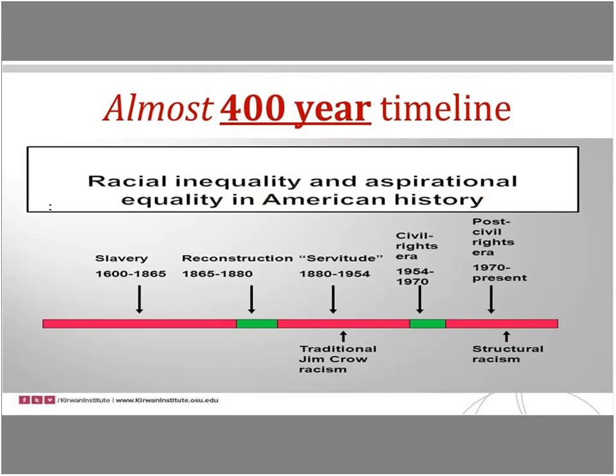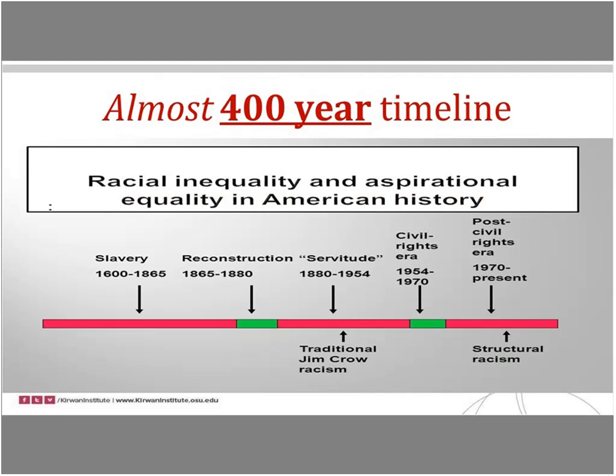So when we begin to talk about our conversation in regards to historical segregation and its impact on infant mortality, we really have to put it into context of an almost 400-year timeline. In 2019, we will be at 400 years in a historical context since the beginning of the enslavement of Africans through the transatlantic slave trade.